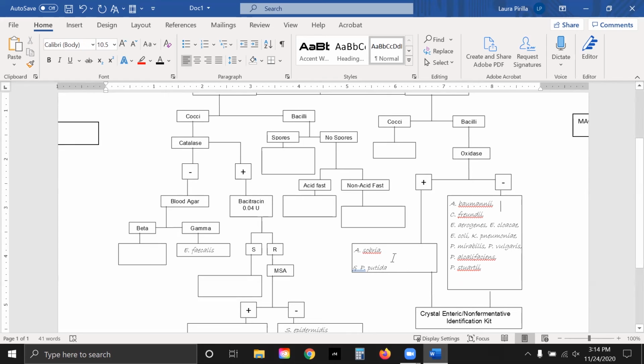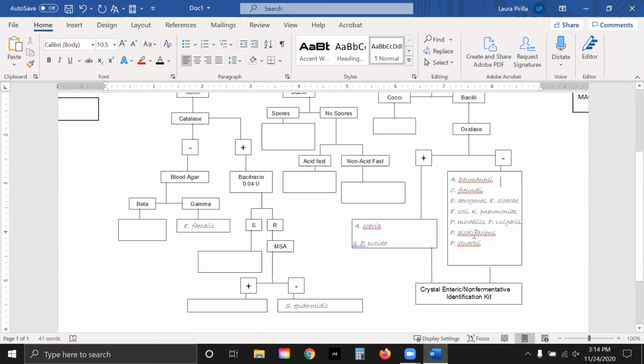I'm pretty sure that I said that some of these were not going to be on anybody's reports. So I will check that in a moment, and I'll delete those off of here too.